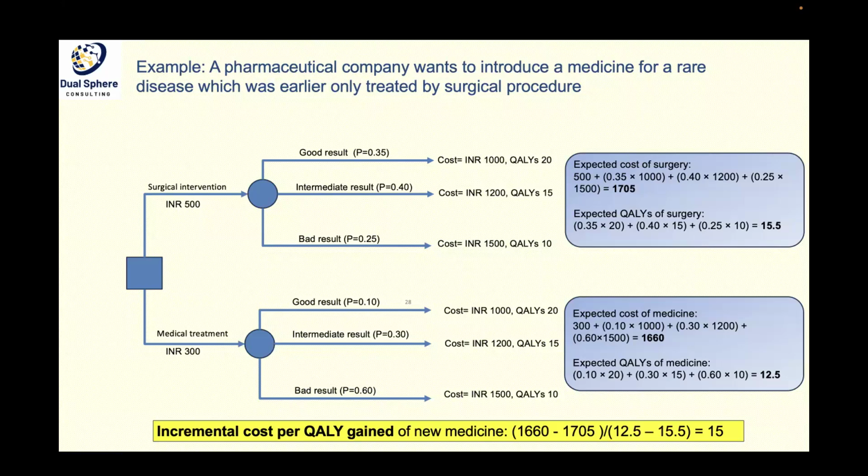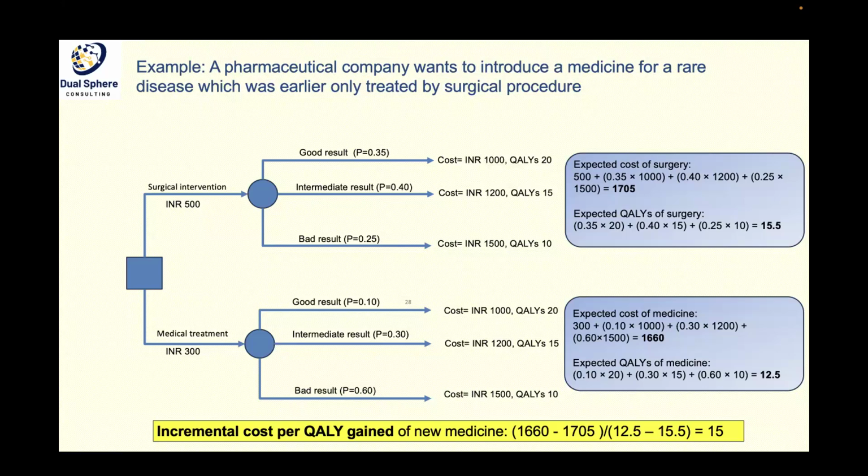And so QALY was a measure used in this example to quantify the effectiveness of that particular intervention. Okay, so you have the total cost for each option, you have total QALYs for each option, and then you do the calculation of total expected cost of your surgery versus total expected cost of your medical treatment.